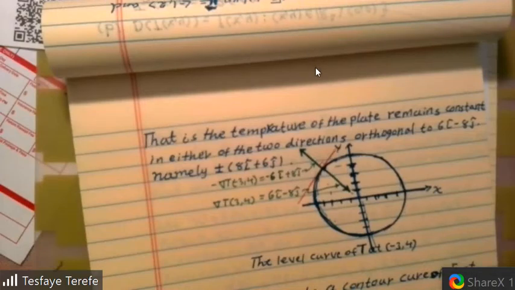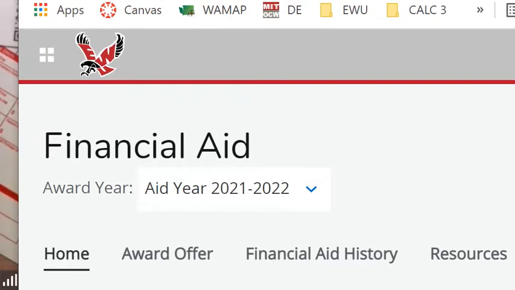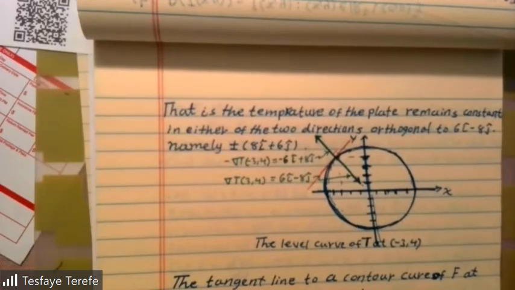0 because it is uniform, and the largest ascent is when the unit vector and the gradient vector are parallel. If they are pointing in the same direction, the dot product of the two is going to be maximum, because cosine of 0 degrees is 1.